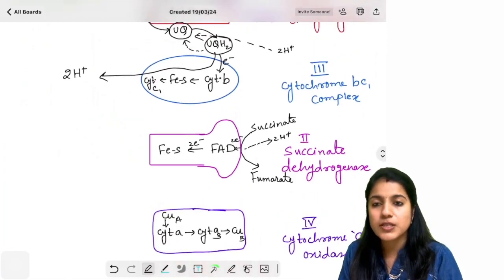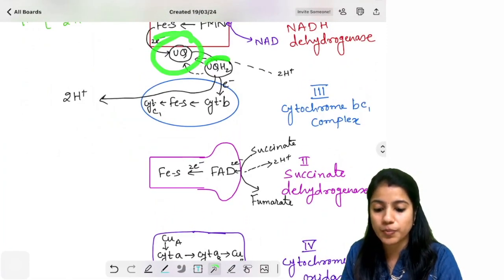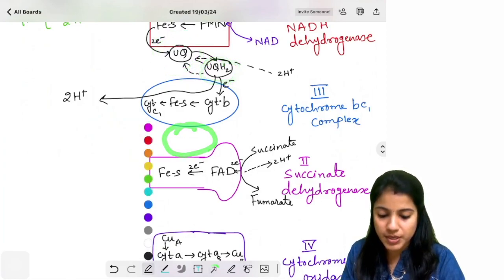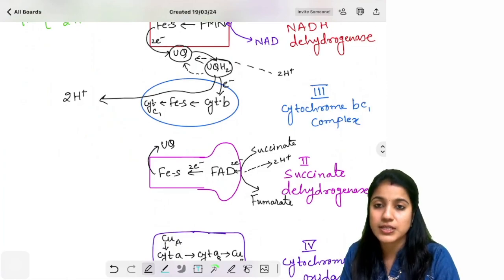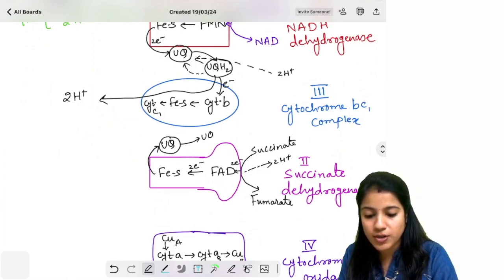So now process will be same like how here ubiquinone was situated and we got ubiquinol. Same process will take place over here. That means here again ubiquinone will be there which will accept electron from FeS. This ubiquinone will give you ubiquinol. Same process UQH2, right?